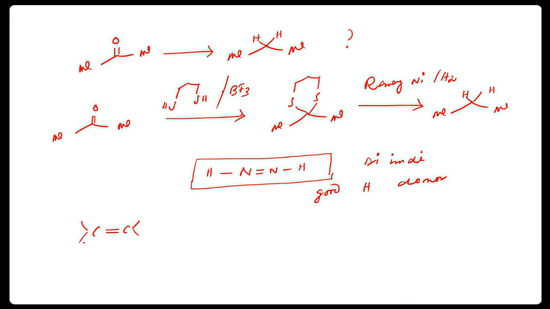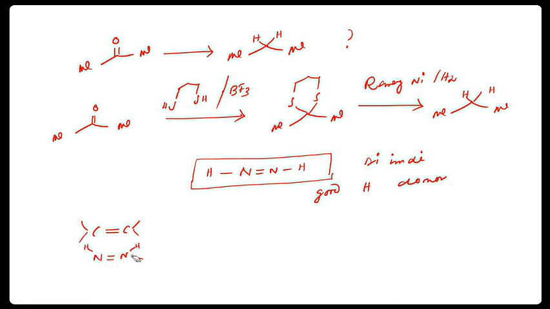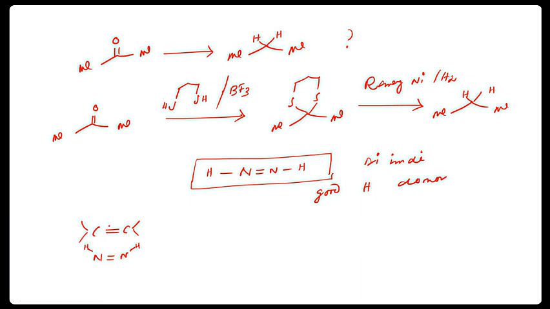Let's say we have this alkene, and we have this N double bond N. I put it on this side, and there is a four-membered ring formation after that.